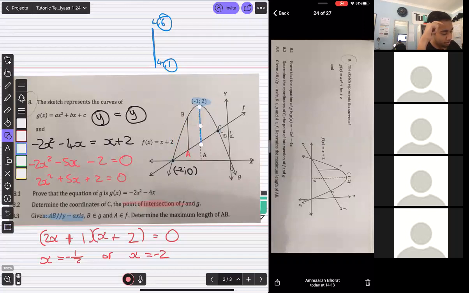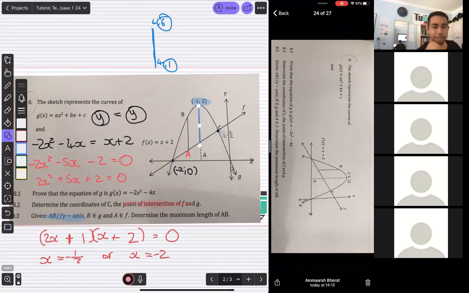If I put the straight line here, then AB would be that. Do you guys see that? Yes. If I put the straight line here, then AB would be that.